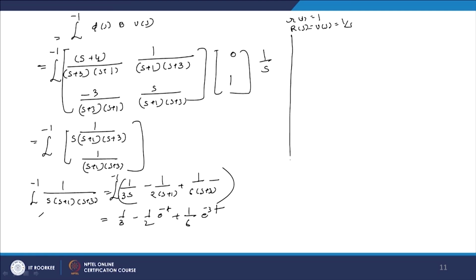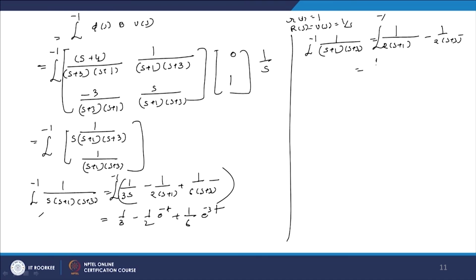Now, coming to the Laplace inverse of 1 upon s plus 1, s plus 3. This can be written as 1 by 2 (s plus 1) minus 1 by 2 (s plus 3), and that is the Laplace inverse.